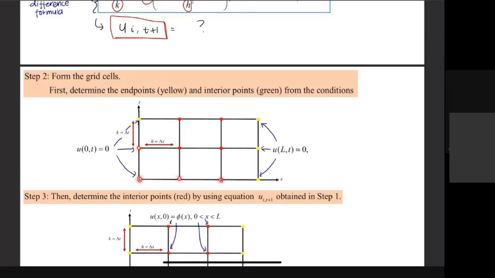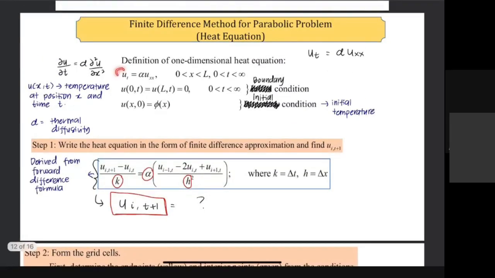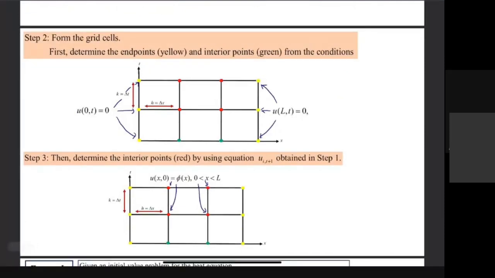After you point the grids, then you determine the end points, the start and also the end point, by using the boundary condition. So basically, we want to determine the temperature at each point. This is the solution for this equation. The finite difference method gives the solution in the form of grid points.